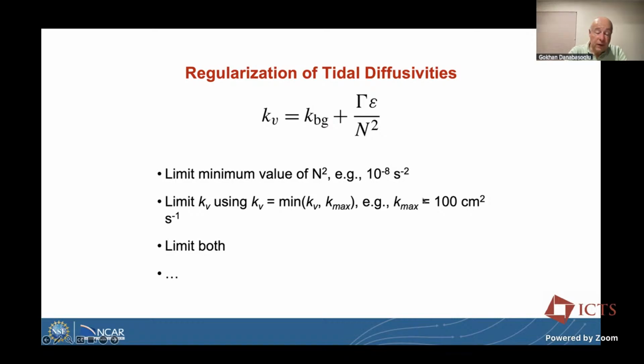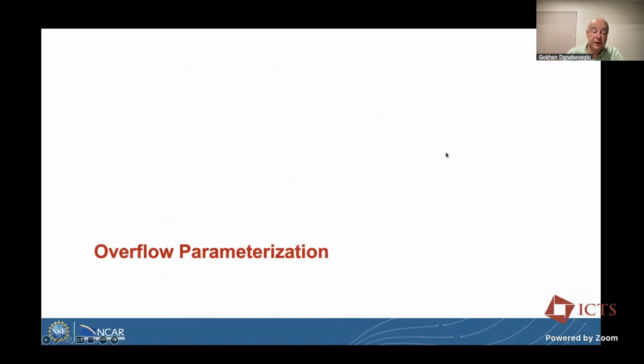I tend to limit it between 50 and 100 centimeters squared per second in our model. What value you use for N squared and how you limit this can impact your results quite significantly as well. So at that stage this is almost an art form. We know the science, but the regularization becomes rather important.